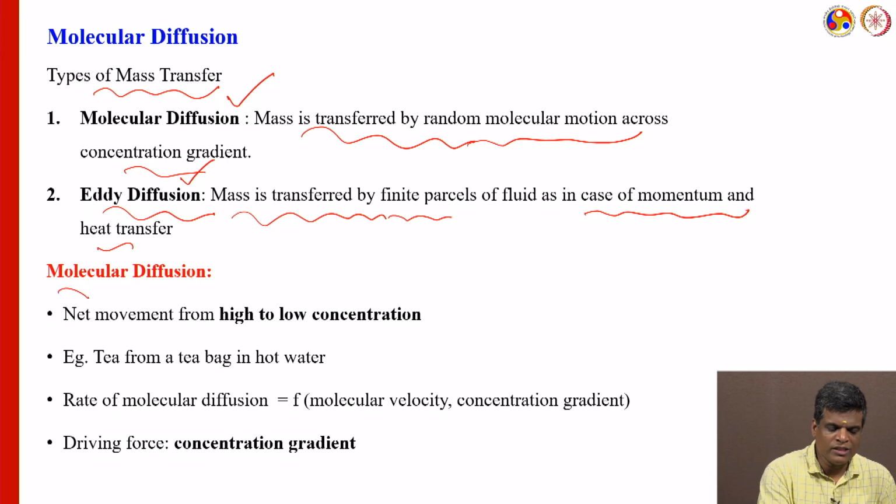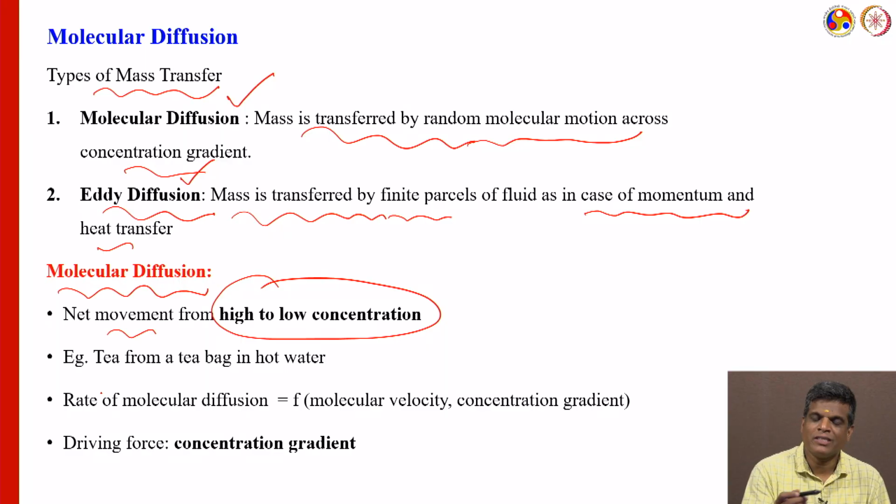So, what is the molecular diffusion definition? The net movement from high to low concentration; that we call molecular diffusion. The best example is a tea bag in hot water.